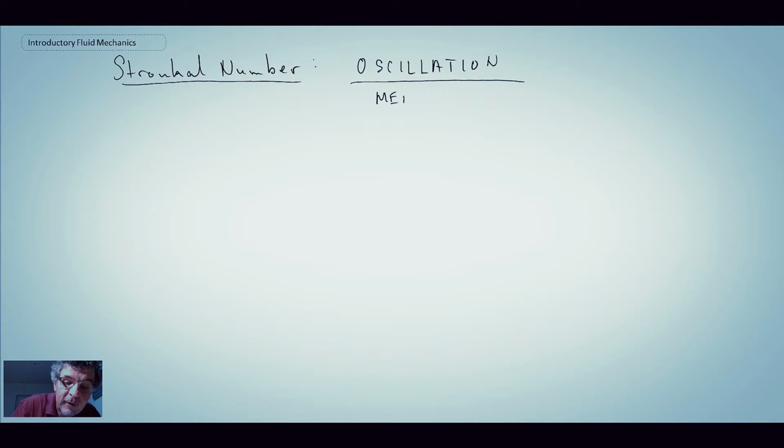And you would have been able to calculate some sort of Strouhal number, probably based on momentum thickness of the shear layer on that window. But Strouhal number is used in a lot of different flows where you have instabilities, oscillations, and it is given the symbol St, and it would be the frequency of that oscillation, some characteristic scale divided by some characteristic velocity. And so this is often an oscillating flow.